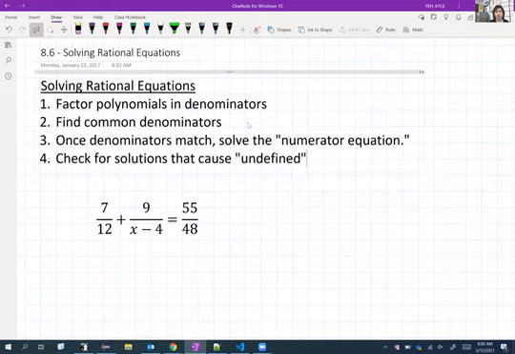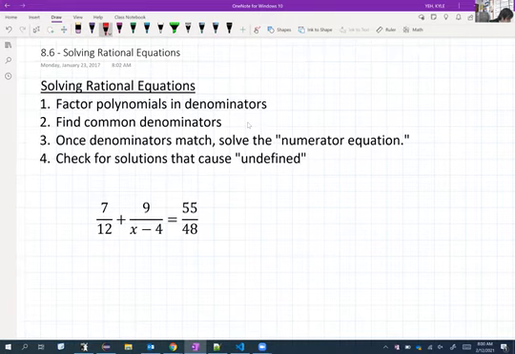But as you do more and more of these, and I think you might actually be at this point already, we can actually just look at this and start massaging the equation to say, okay, how can we get those denominators the same? Here's what I mean by that. For example, I noticed that first rational expression, 7 over 12, if I multiplied it by 4 over 4, and why did I choose 4?